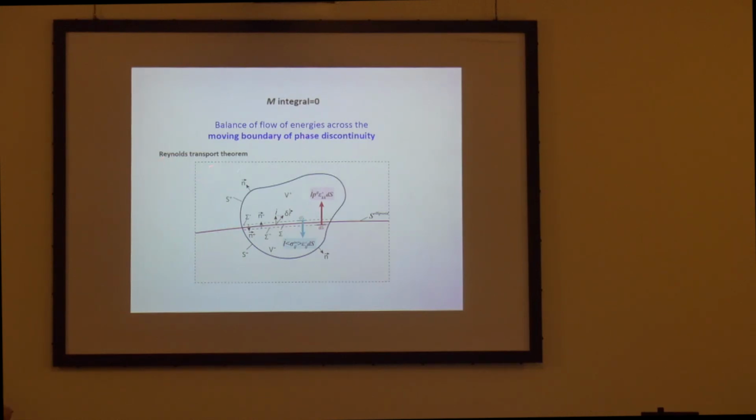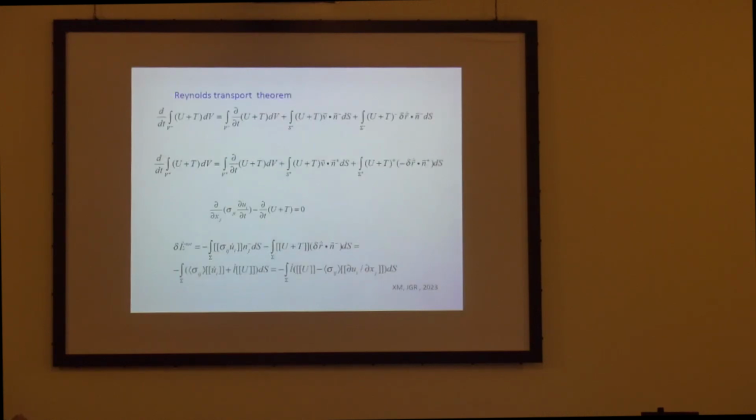So we just can use the Reynolds transport theorem for this volume S plus and for the volume S minus. So we write the Reynolds transport theorem, and this is the change of the total energy, strain plus kinetic, and this is the one produced in the volume.